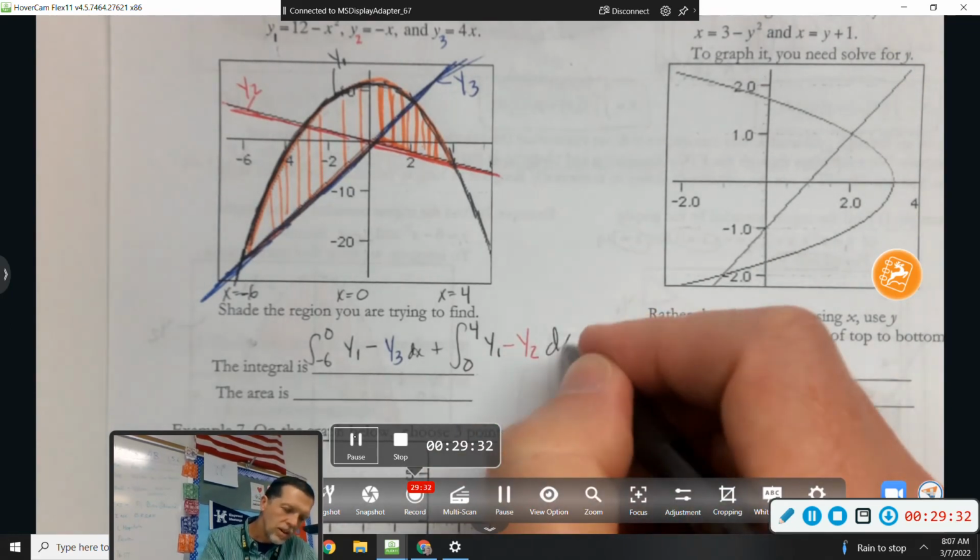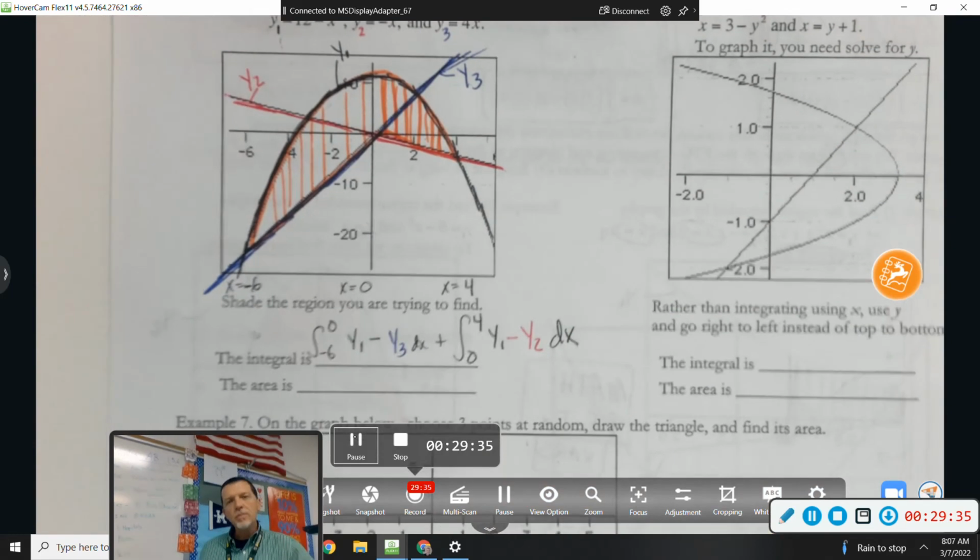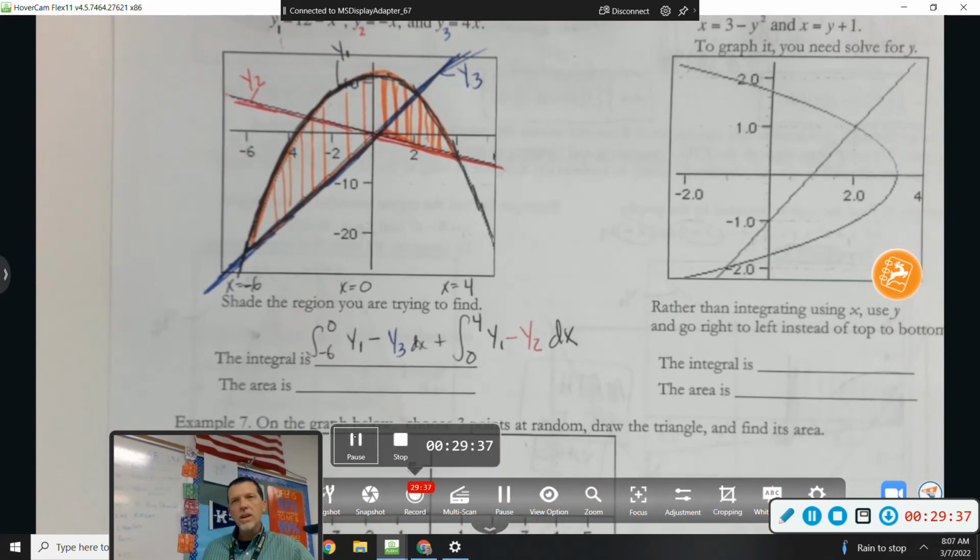And again, now you're ready to go put that in the calculator. So again, this unit is almost no computation. It's more like visually, can you see what's going on?